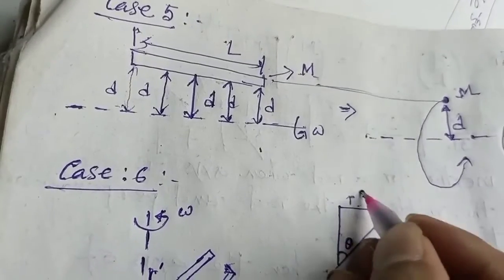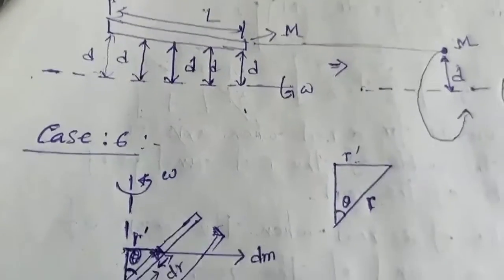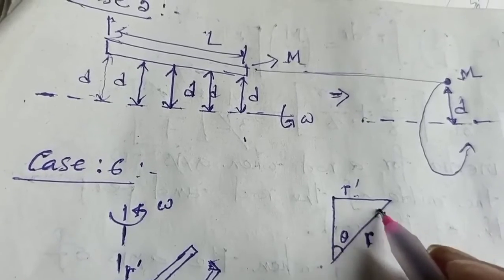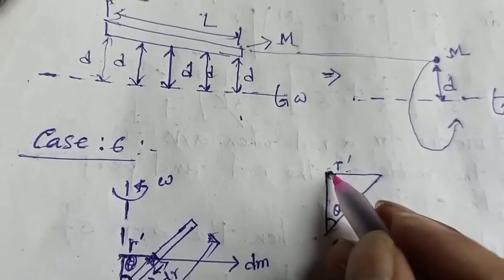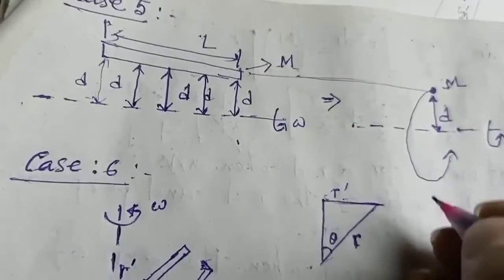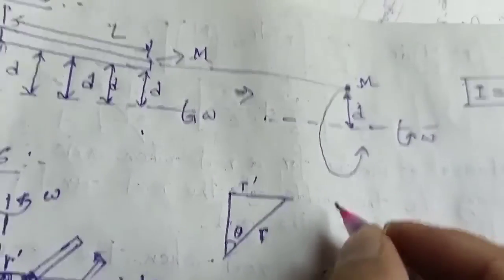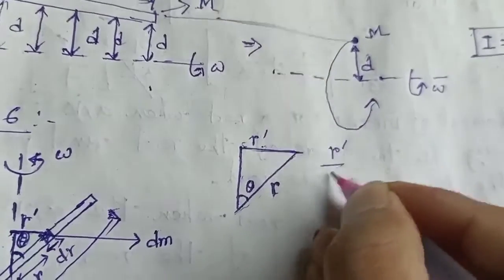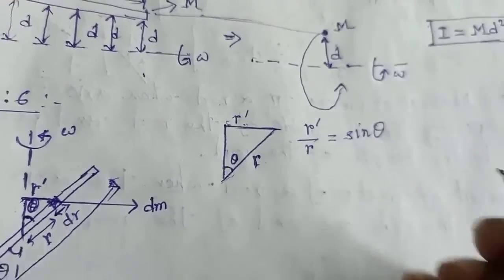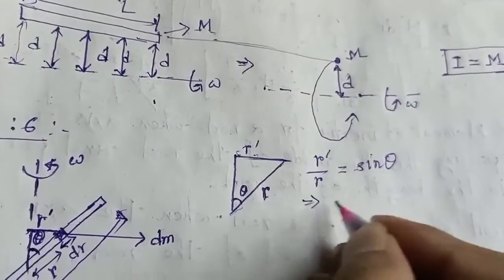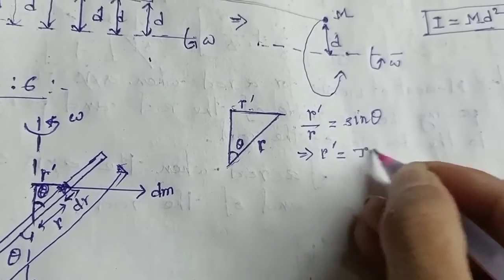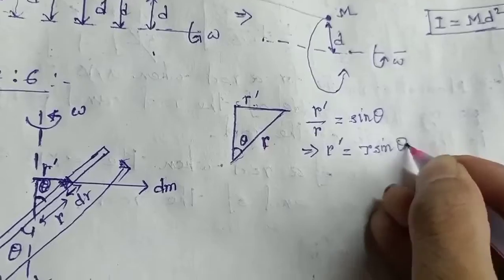So r dot equals what? This is a right angle triangle, r is the hypotenuse and r dot is the opposite. So opposite by hypotenuse, r dot divided by r, becomes sine theta. So r dot becomes r sine theta.